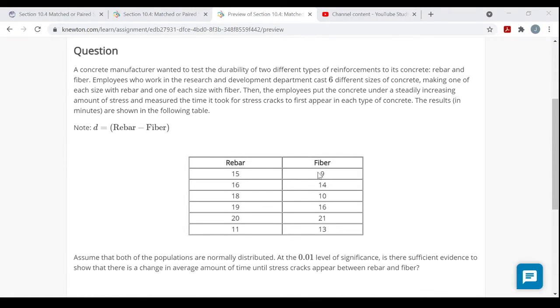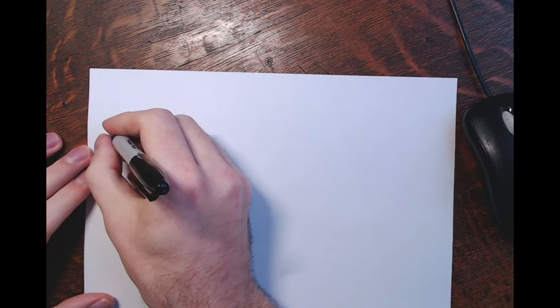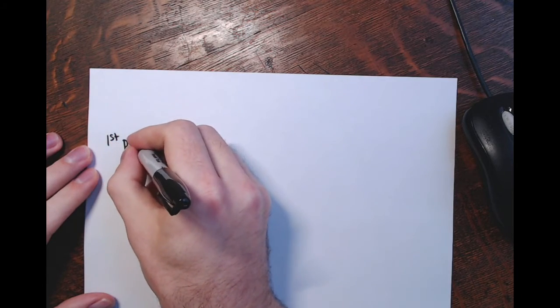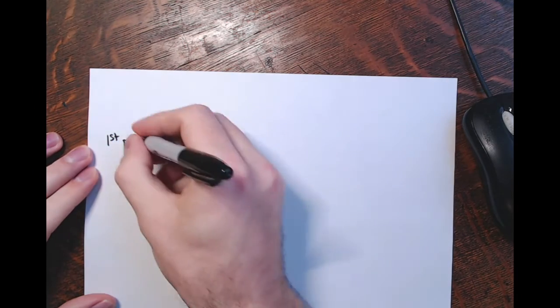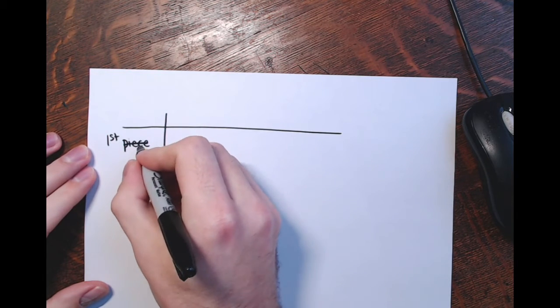Right? So again, these are paired data. In fact, I'm going to start writing this stuff out on some paper here. We have our paired data, where that first piece of concrete, or the first type of concrete, I should say.